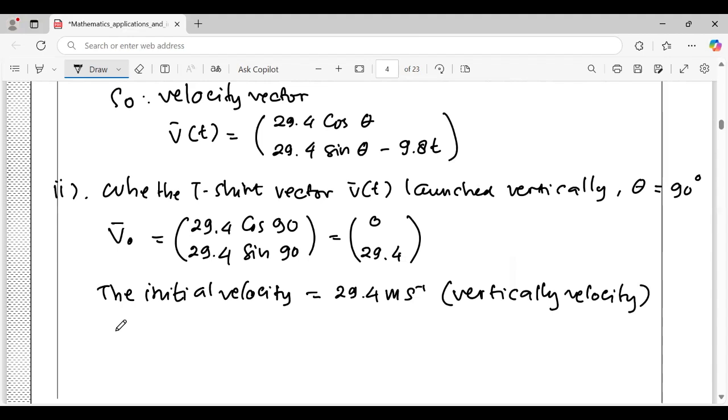And the velocity at time t when launched vertically becomes Vt is 0, 29.4 minus 9.8 t, since theta is 90.